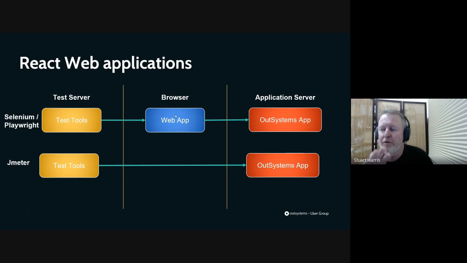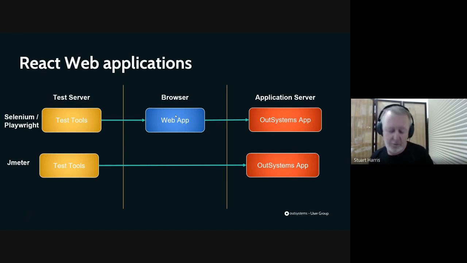If you think about it, the JavaScript in your browser is just running for one user at a time. But all the requests are hitting your application server. You might have a couple of them load balanced, but that's really where the performance hits. So you could test separately, and some test tools do this, the performance of the JavaScript in your browser, and then have a separate performance test using an older tool like JMeter that just does HTTP.